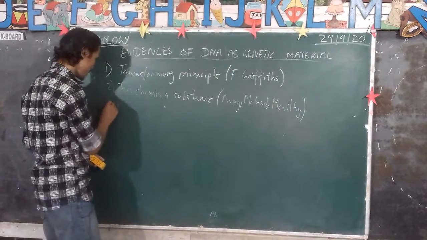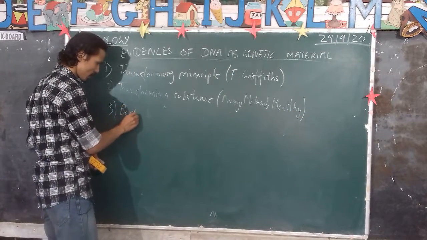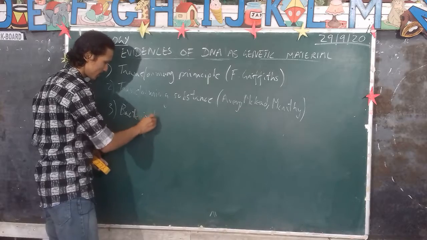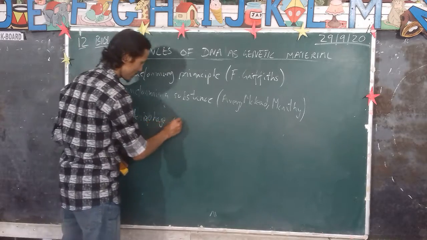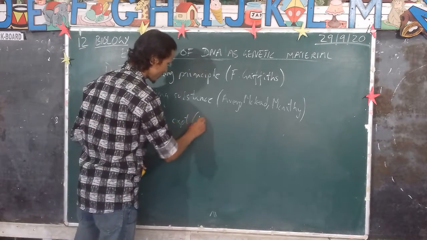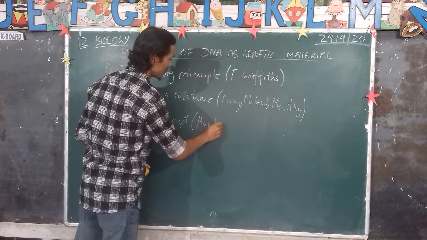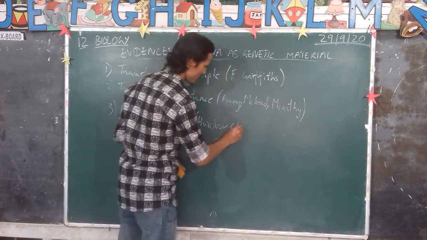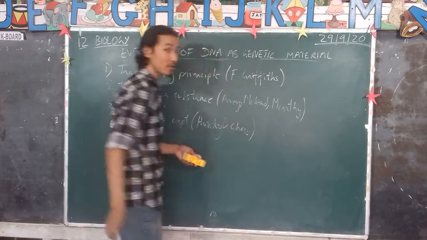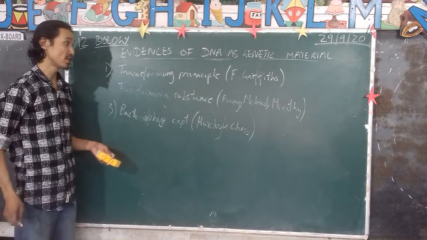And the third experiment was the bacteriophage experiment by Hershey and Chase. So these three experiments prove that DNA is the genetic material.